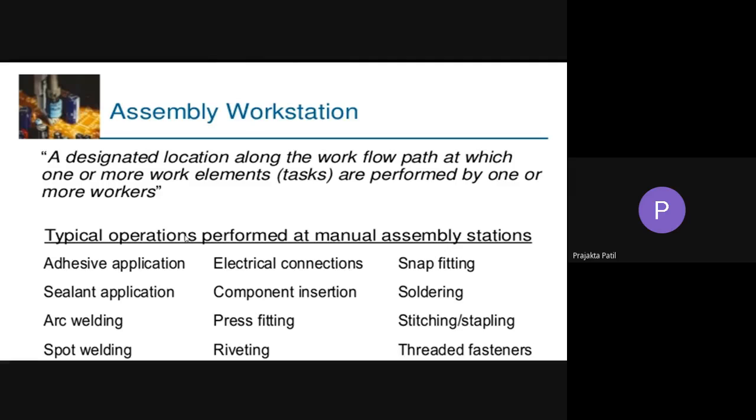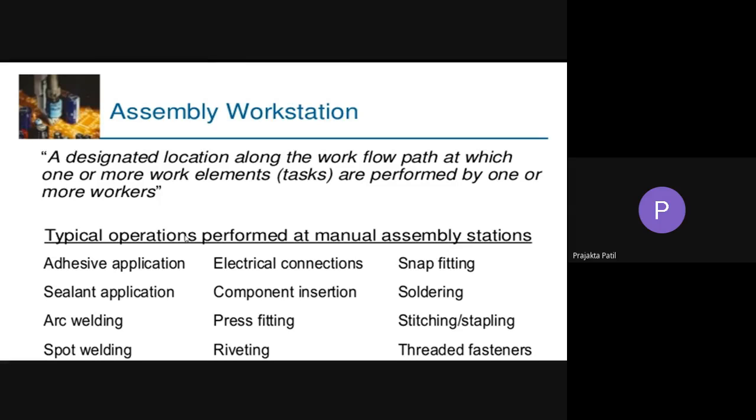So a workstation on a manual assembly line is a designated location along the workflow path at which one or more work elements are performed by one or more workers. The work element basically represents a very small portion of the total work that must be accomplished in order to assemble the product.